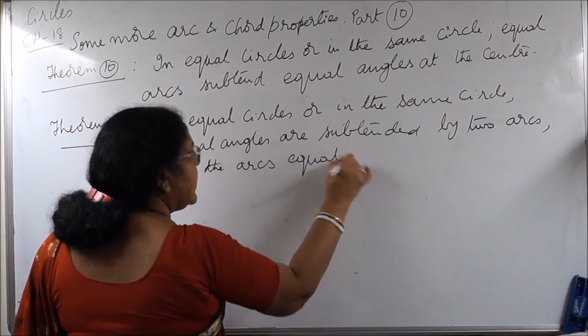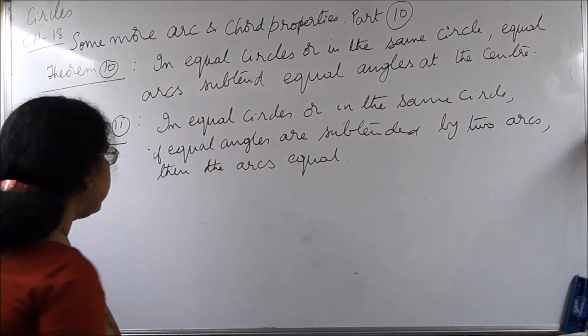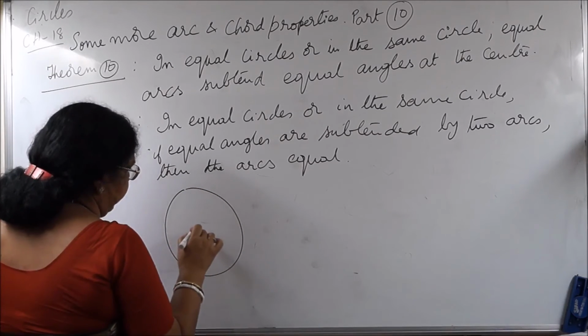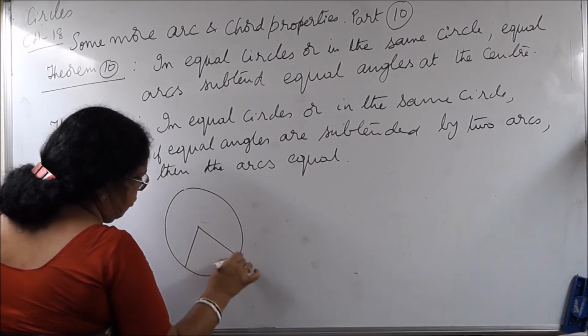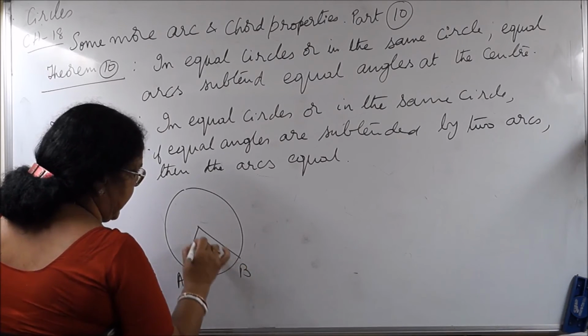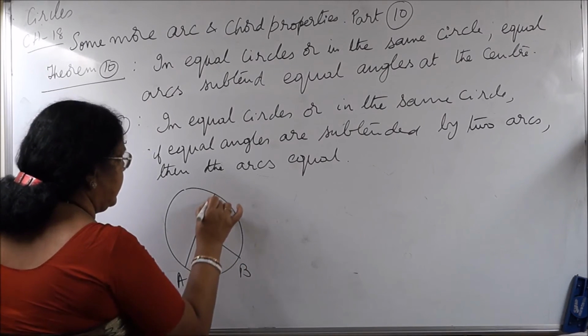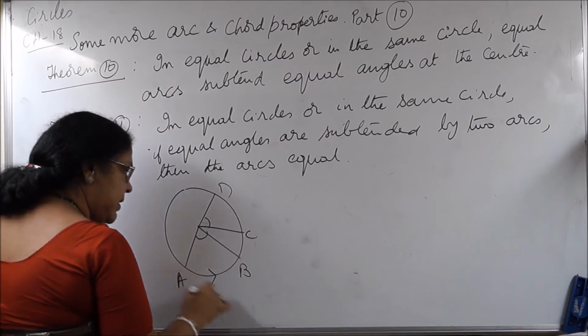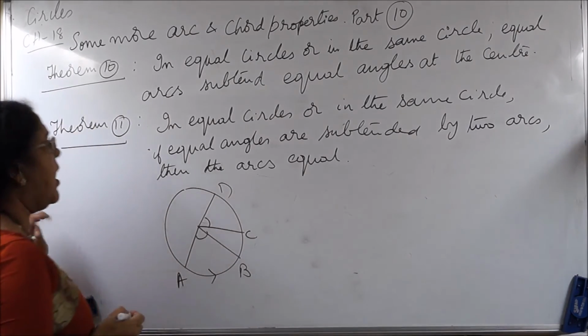Okay, so in the same manner we can prove. That is, if the angles subtended by two arcs, say AB and CD, are equal, then arc AB is equal to arc CD.